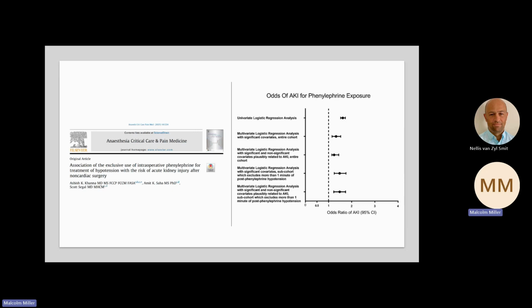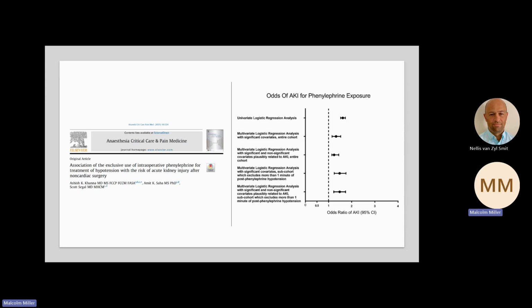I think one drug that I'm sure all of us see used quite often, particularly intraoperatively, and then it gets continued in the postoperative period, is phenylephrine. This drug has never been trialed in septic shock in large randomized controlled trials because it's certainly not a catecholamine.